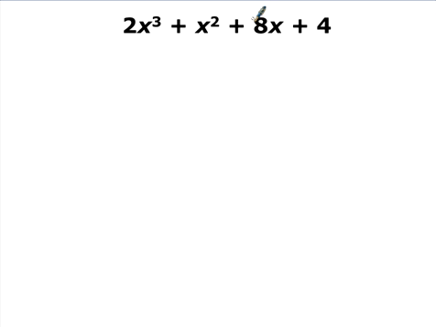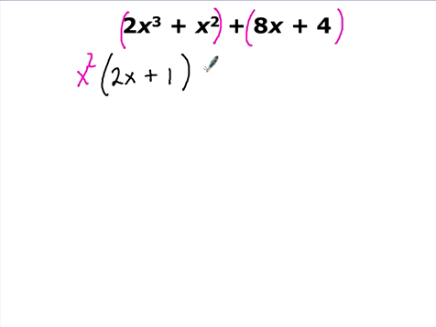So in this example we can see immediately 8 and 4, and x squared and x cubed. So we can pull out x squared in the first one. So x squared times 2x will give us 2x cubed, and then x squared times 1 is x squared. So that's that. If we pull out 8, or well, we cannot pull out 8, 4.